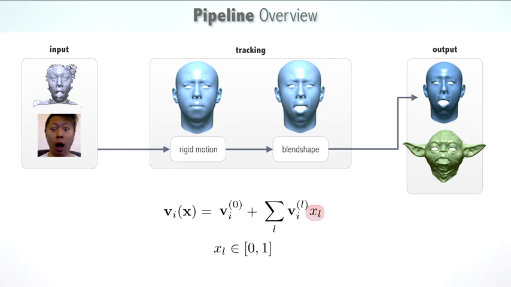One thing that we've figured out is that if you want to get into realism, it's really important to track every vertex. Sometimes you don't want to be constrained by the limited degrees of freedom of a blend shape model. You can always increase the number of blend shapes, but then your system might be under-constrained.